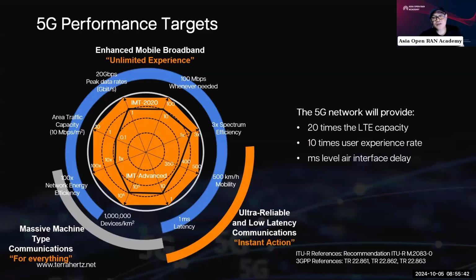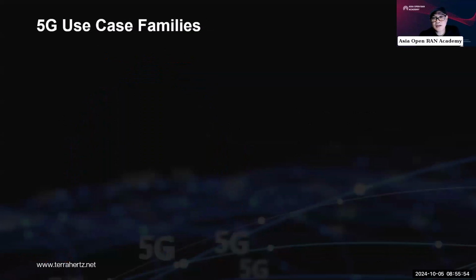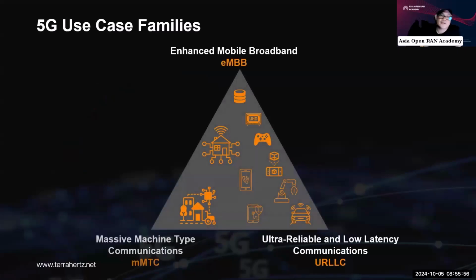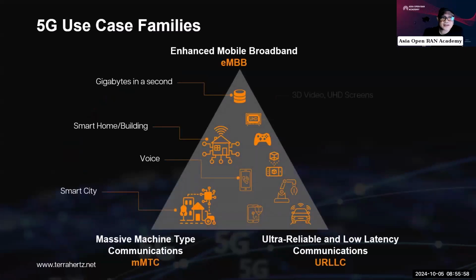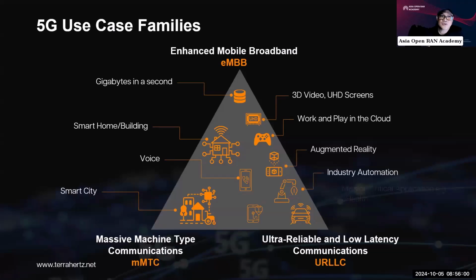Now let's move on sa use cases ng 5G. So enhanced mobile broadband, ultra reliable and low latency communications, and massive machine type communications. If you look at the use cases, there's a famous pyramid of use cases, and in these use cases there is an overlapping of different applications where you can use 5G.